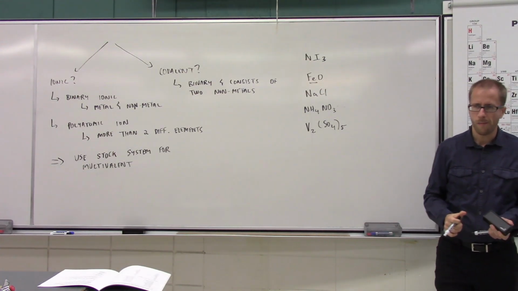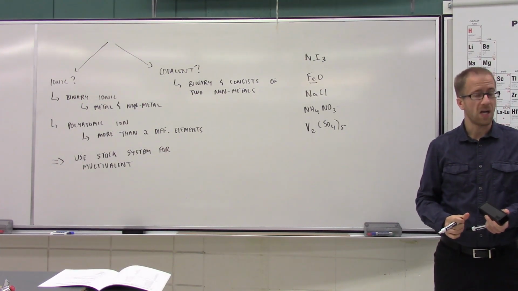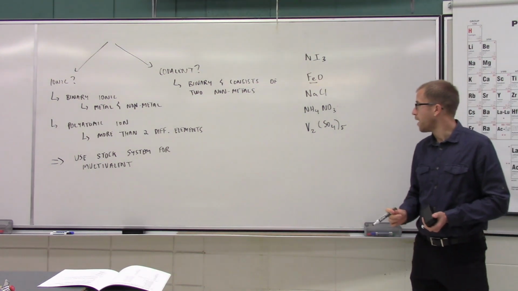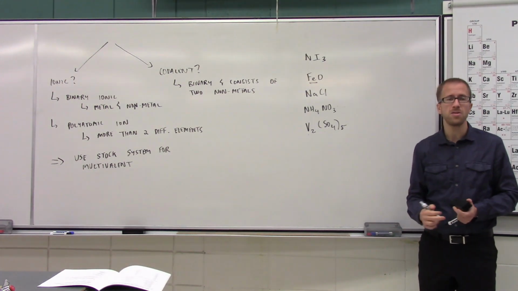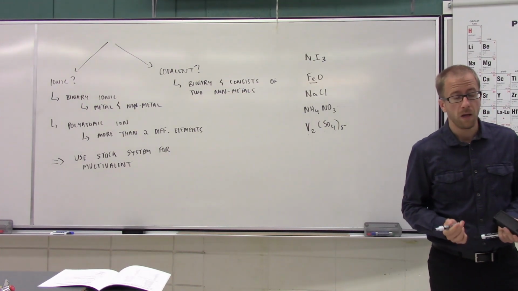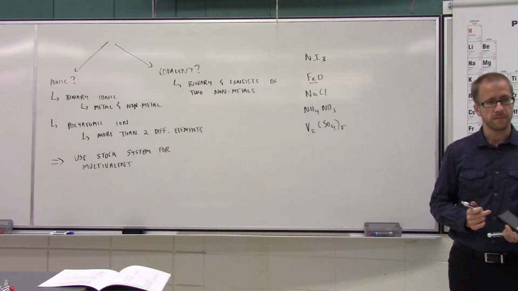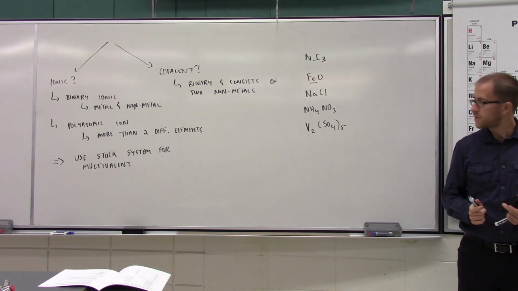What about this one here? Ionic or covalent? It's ionic. It's going to be an ionic compound. And what are some things you notice? Does it have a polyatomic ion? It does, right? Because it has 1, 2, 3 different elements, so you've got to look for that polyatomic ion. Which one does it have? Sulfate.